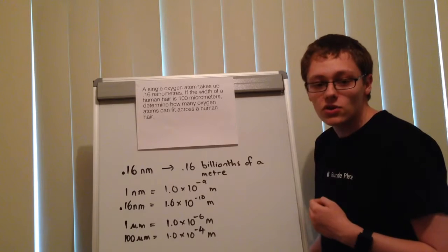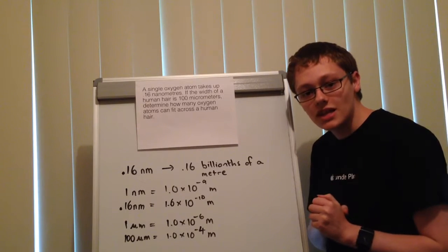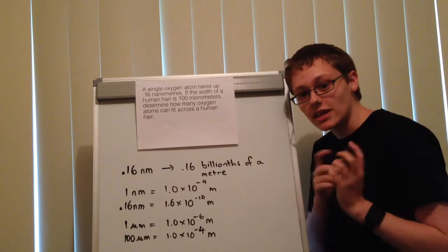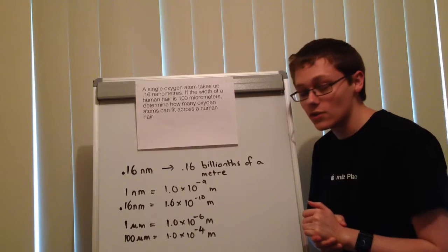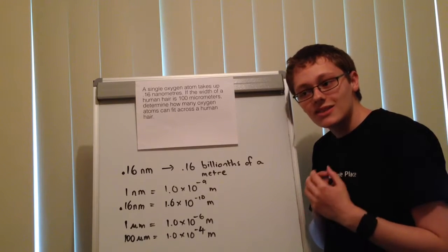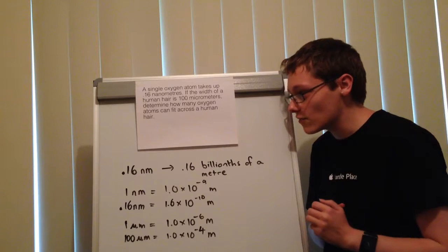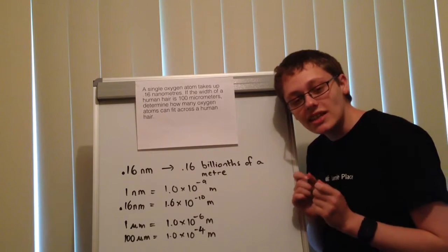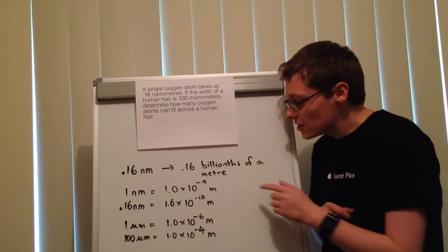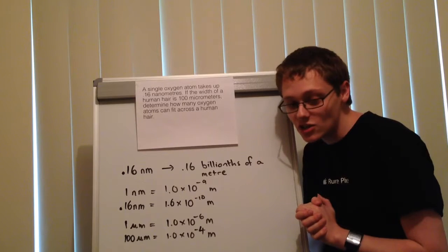So we've got a few units we need to use here, and if you haven't become familiar with the scientific prefixes, which were shown in the last video, then it's always good to have a copy of the table in front of you. A nanometer is obviously times 10 to the negative 9, a billionth of a meter, and a micrometer is times 10 to the negative 6. But we need to do a few conversions to get that into scientific notation form.